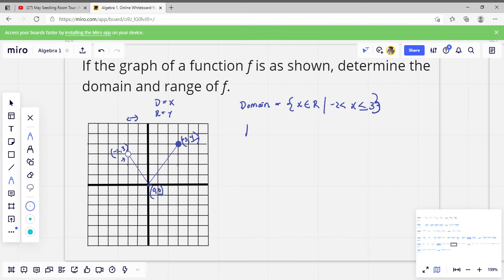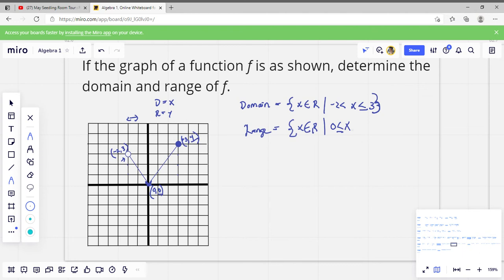Okay, so our range, it's going to be y is in the real numbers such that 0 is less than or equal to y, because there's not a dot there, it just goes down, it can be equal to.